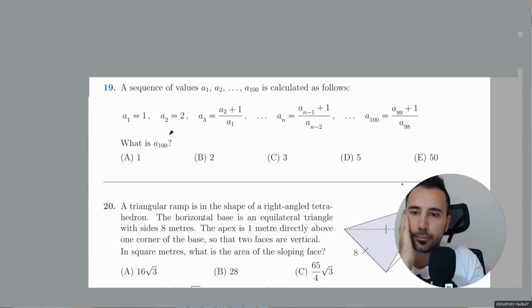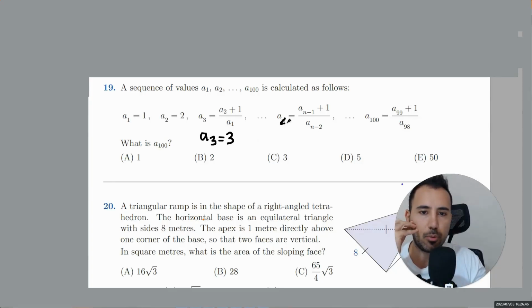A3 is actually 3. So it's growing. If A4 is 4, A5 is 5, maybe that's the pattern, but I don't think so. So let's go with this one.